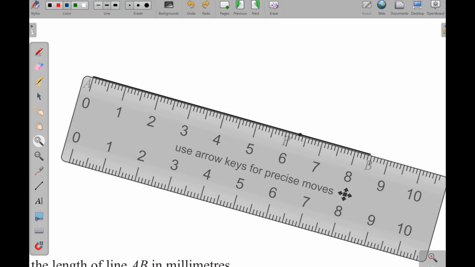So the lengths that are going to come out, they are going to reduce by a certain value, but the angles remain the same. So we call it similarity of figures.